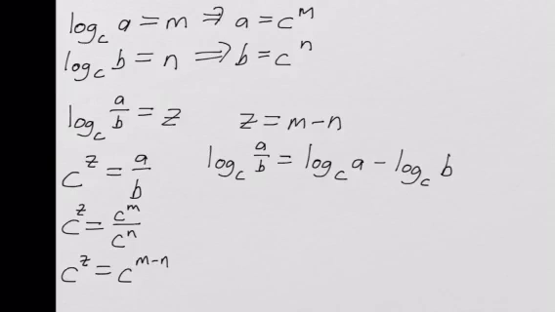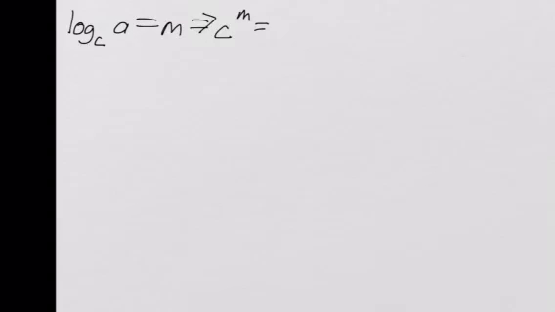Then we also have the power rule. So this time, we only need log base c of a is equal to m. So c to the m is equal to a. So now we're going to let log base c of a to the b equal z.